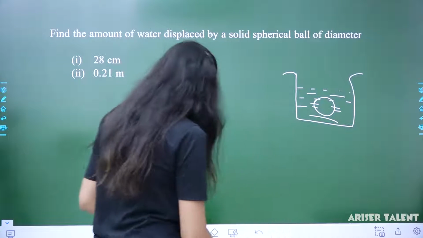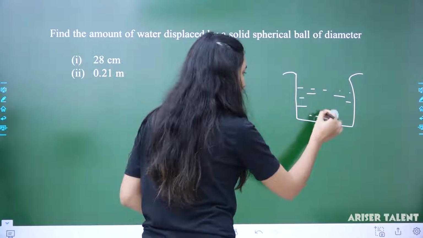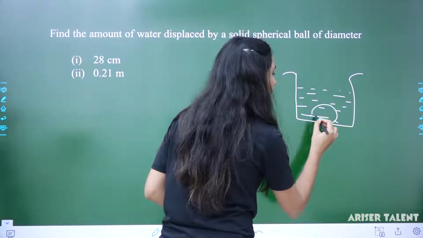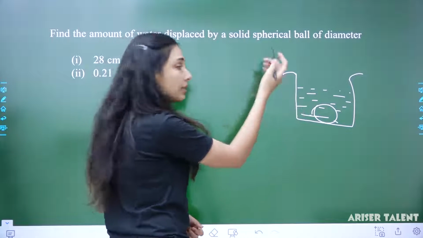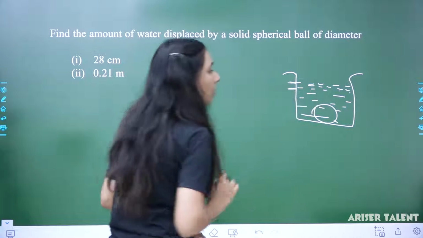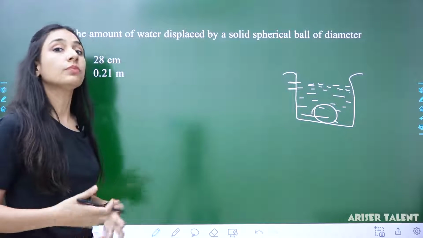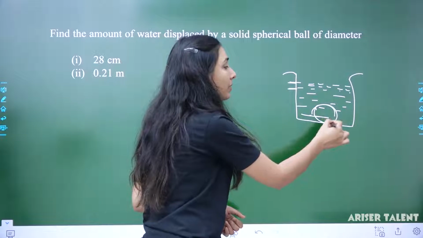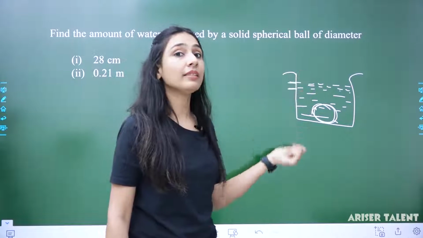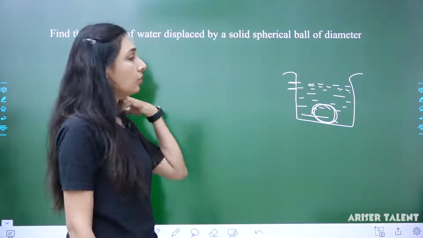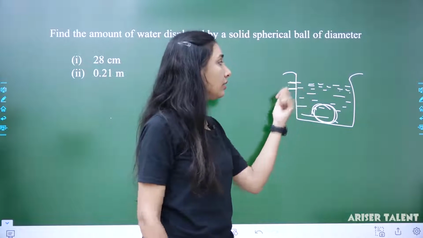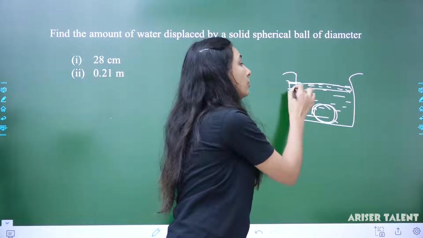That ball will not stay above, it will sink here, and the level of water will increase, going from here to here. Due to the volume covered by the ball, the level of water will rise. So what volume will rise?